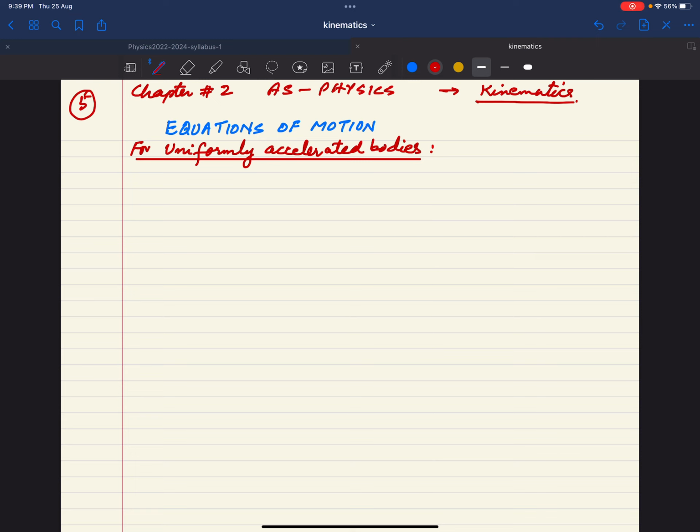And whenever we are discussing kinematics, we have to consider certain parameters. First of all, the most important is the displacement. We use S for displacement. You have U, the initial velocity.